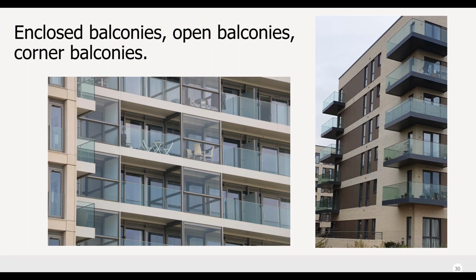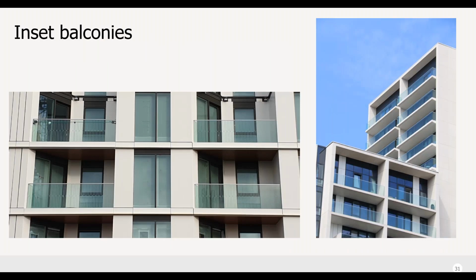They're particularly susceptible to wind loadings, which I think will be talked about in more detail later on in the presentation. If we can move on, please. There's what we know as the inset balcony, where the balcony is inset into the structure.